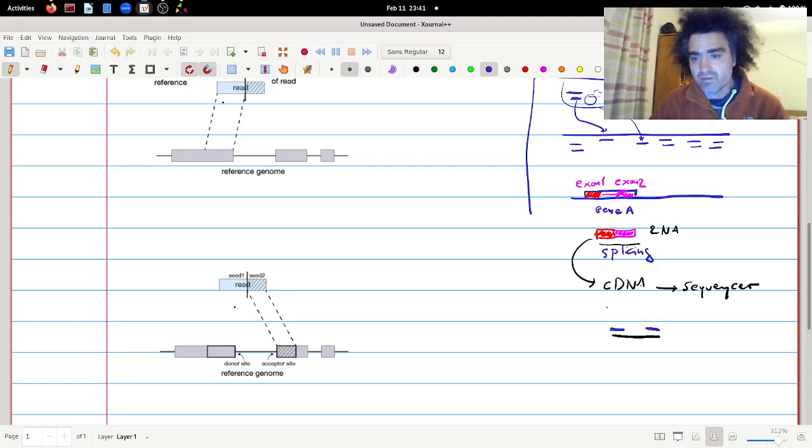And now this piece will have to map here, but this piece will be mapped here, and this distance, the intron, might be quite large.